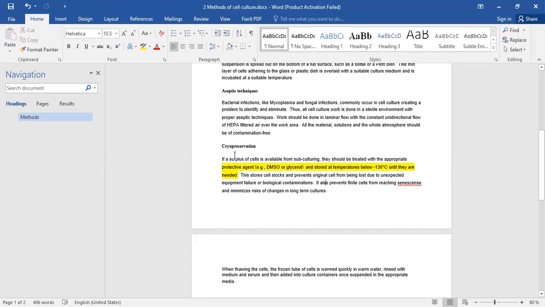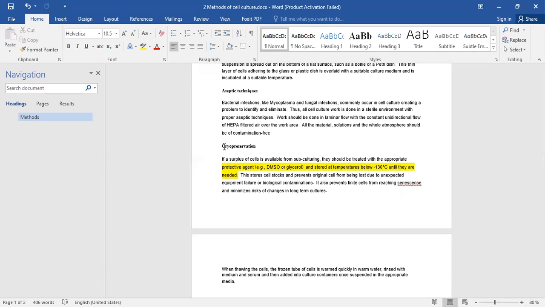Next, when the culture has been conducted and we have isolated our cell lines, what do we do now? The next step is cryopreservation. When we have our cell lines, they need to be preserved, and the method of preservation is cryopreservation, in which we preserve our cells in low temperature conditions.